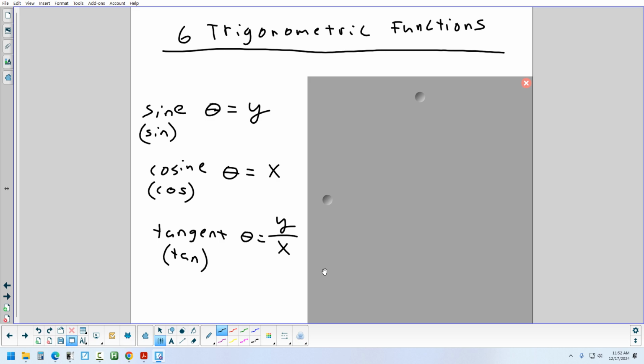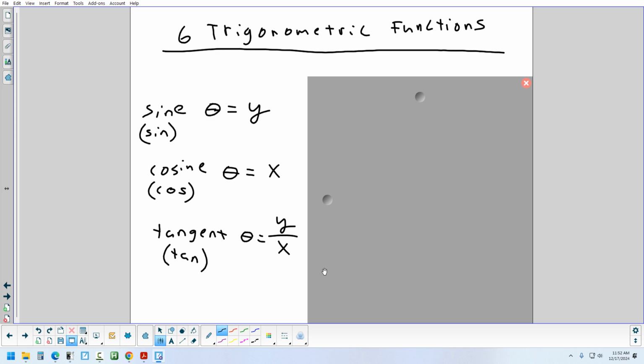Well, depending on which trig function you want to know, depends on which part of the coordinate you need to use. If you are trying to find the sine of 90 degrees, once you know the coordinate, the answer is the y value. You actually don't need the x for sine.